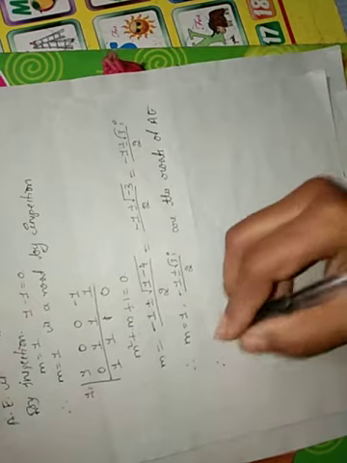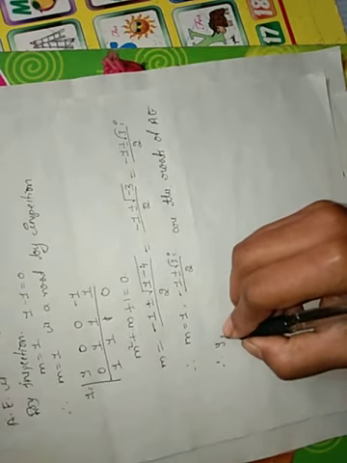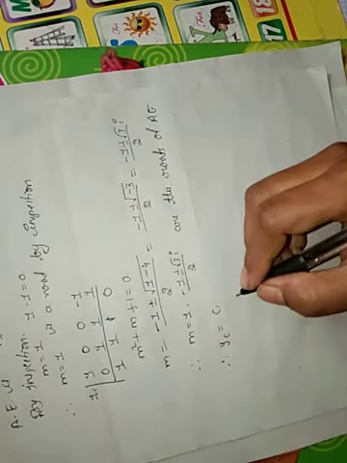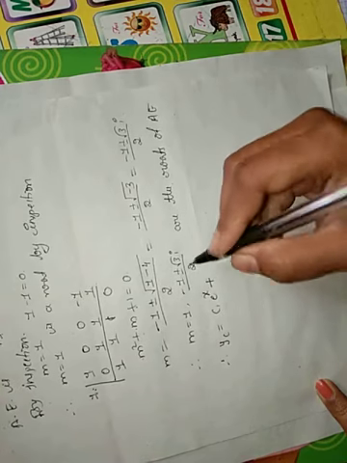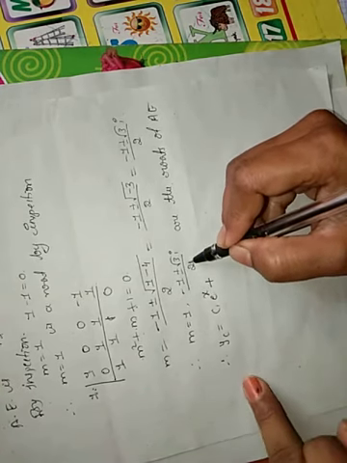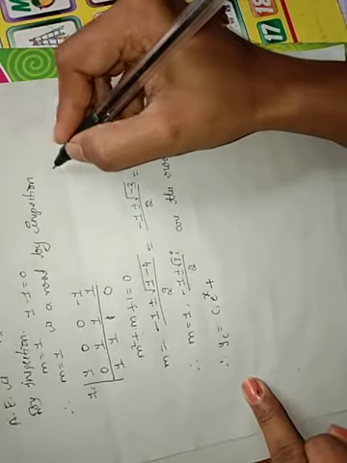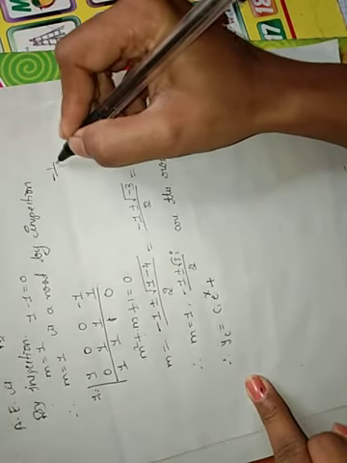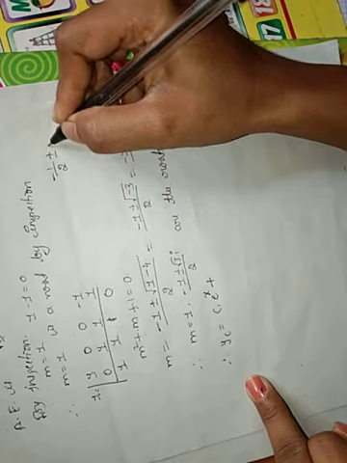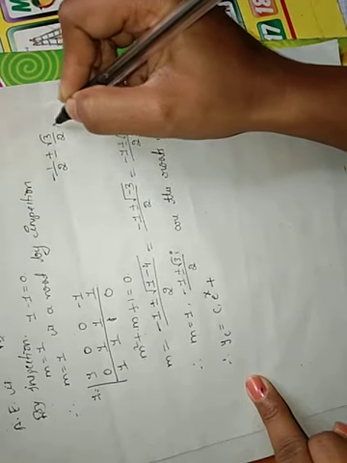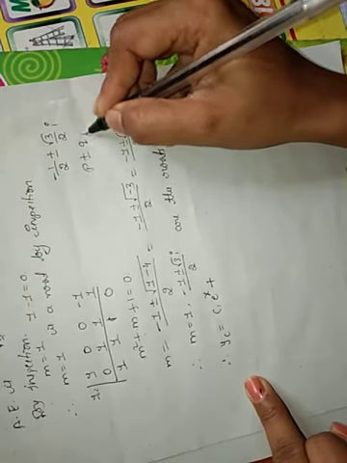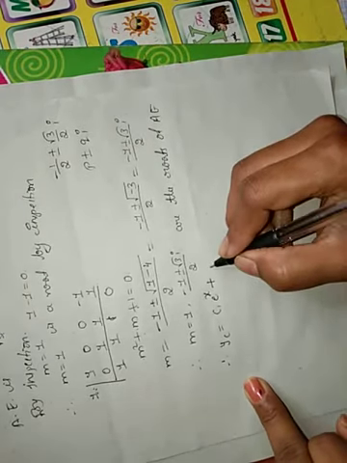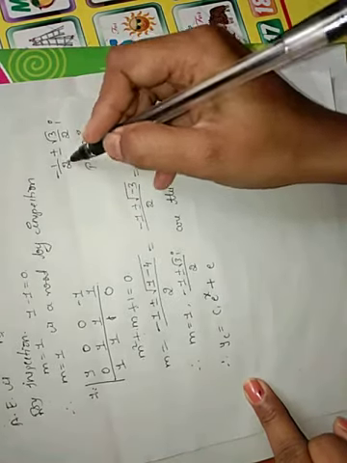So therefore our complementary function is equal to c1 e raised to x plus, here it is a complex root. So complex root, I will rewrite it as minus 1 by 2 plus or minus root 3 by 2 into i. So p plus or minus qi. So e raised to px, p is equal to minus 1 by 2.